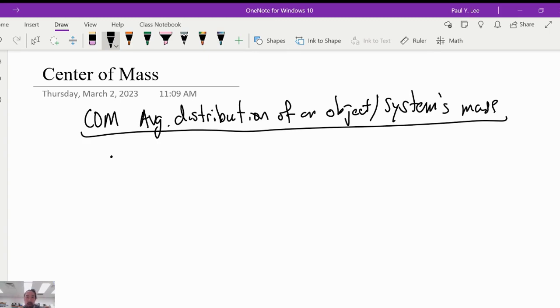You just take the entire object and smoosh it down into a fine point. So this right here would be the center of mass. Now it's important to know that when we are talking about the center of mass, the important idea is the location of the center of mass. So we will say the center of mass is located at that point. So this is example one.